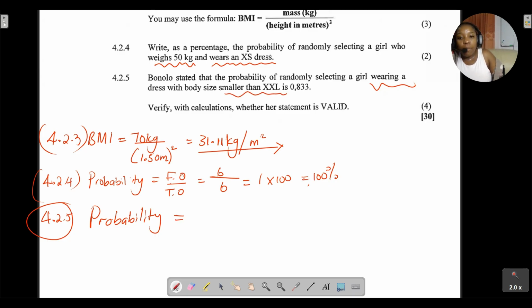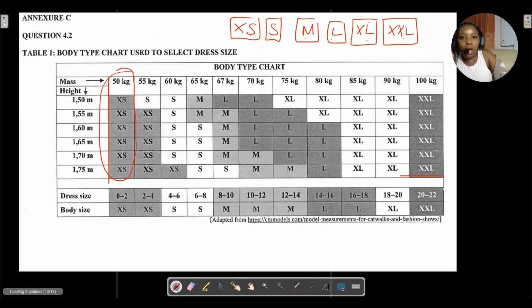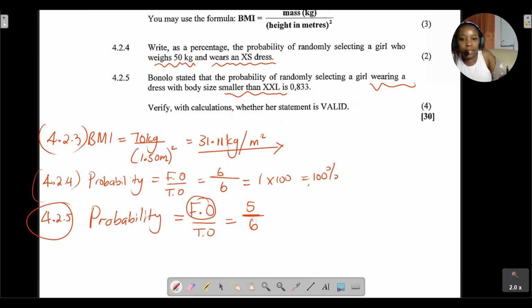Again, probability is favorable outcomes divided by total outcomes. We want to count all the sizes that are smaller than XXL. How many? 1, 2, 3, 4, 5 sizes that are smaller than XXL, divided by total outcomes, which is 6. How much do you get? 5 divided by 6 gives 0.833 recurring.